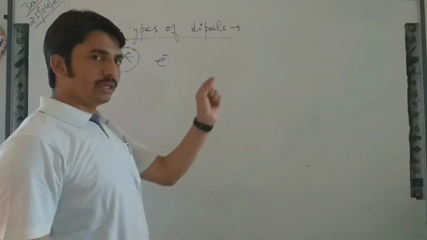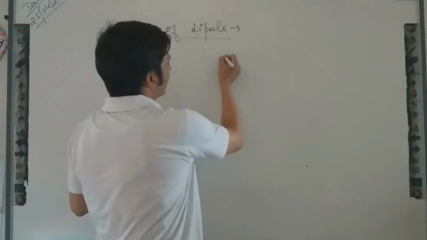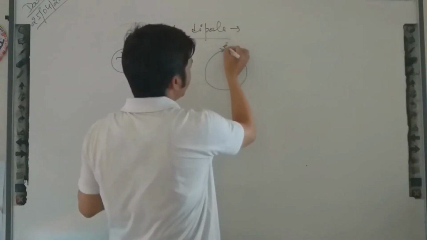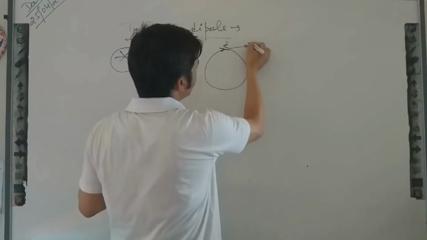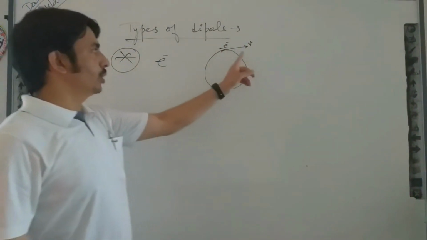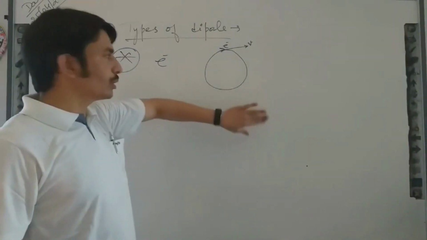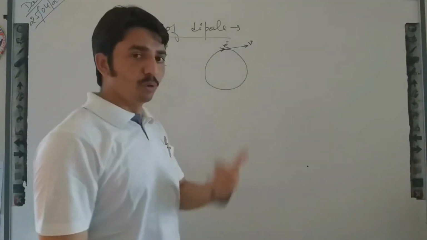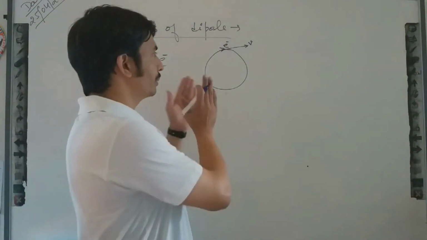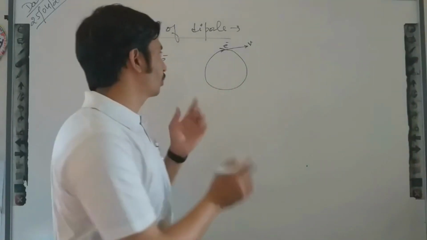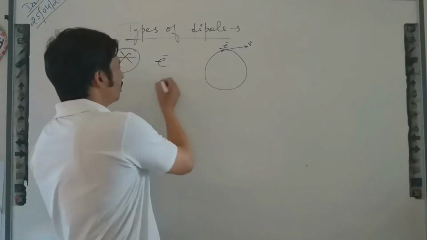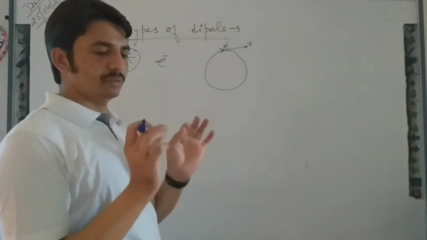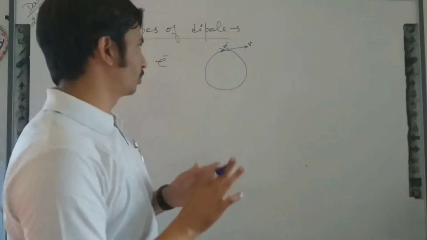If the electron is revolving, moving in a circular loop, this is the direction of the electron and this will be the direction of its velocity. So the electron is moving, that means what will be the direction of the current? If the electron is revolving, then it will also behave like a small dipole. So the moving of the electron will also be a cause of a magnetic dipole. Understand?